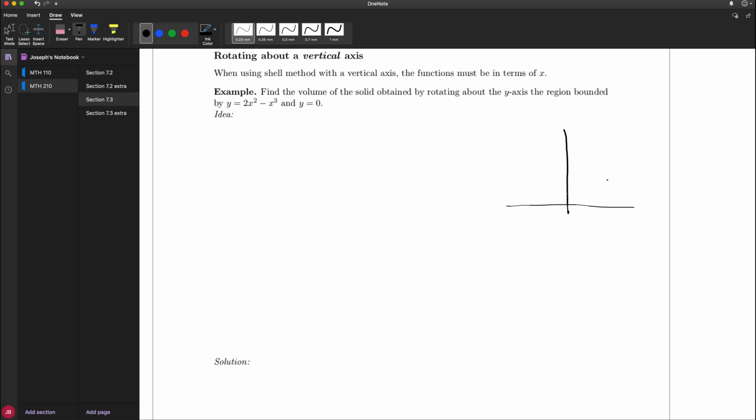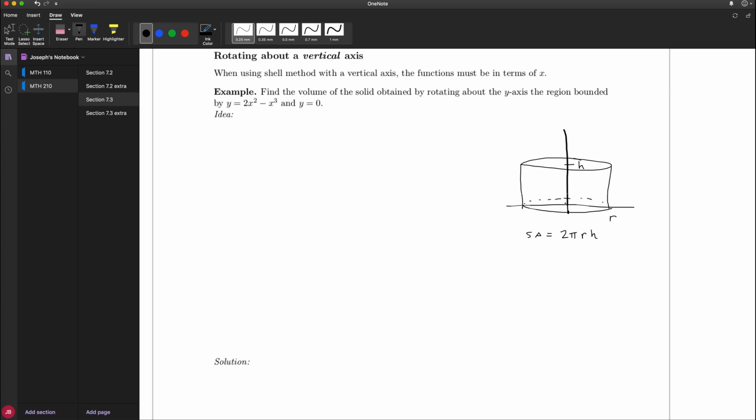Let's suppose it has radius r and height h. Then the surface area of this cylinder, think of a pop can, is 2 pi r h.